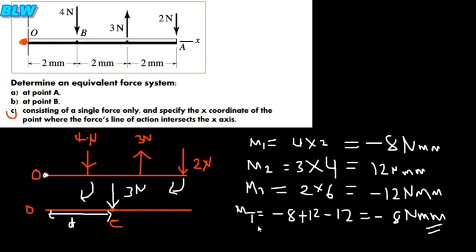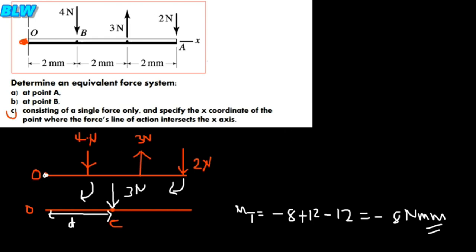So in that case, we know that the moment of all these forces here from point O equals -8 Newton millimeter. And you know that it will be the same as the moment that this force here will cause.